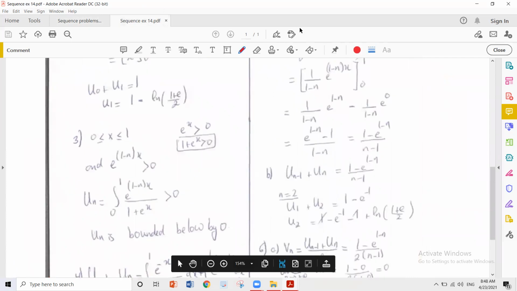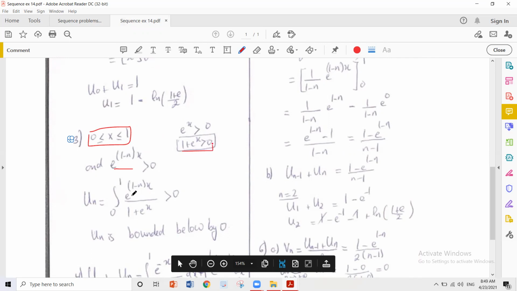So part 3, I have x between 0 and 1. You know, I have the integral from 0 to 1, so x is between 0 and 1. And e to the power 1 minus nx is positive, because the exponential of any number is always positive. 1 plus e to the x is positive.